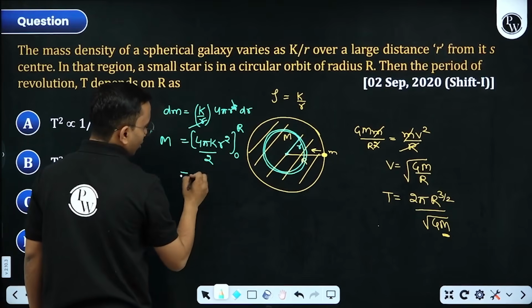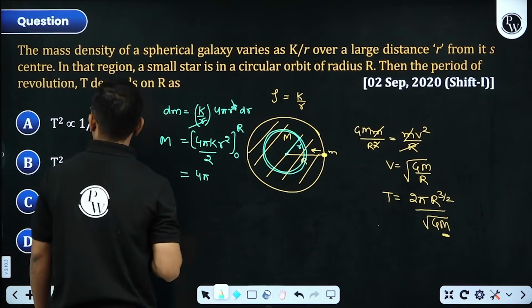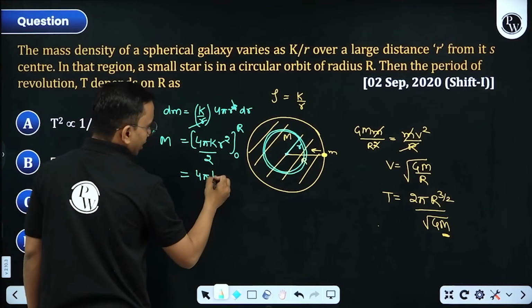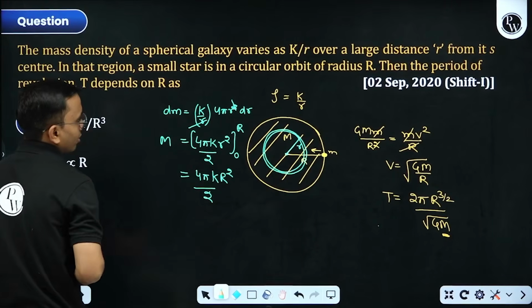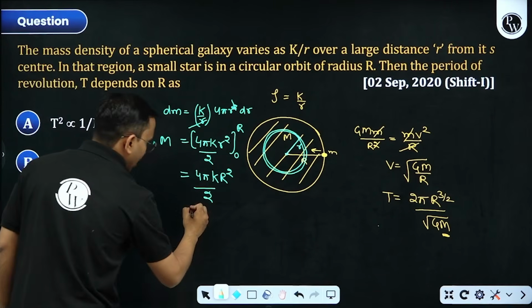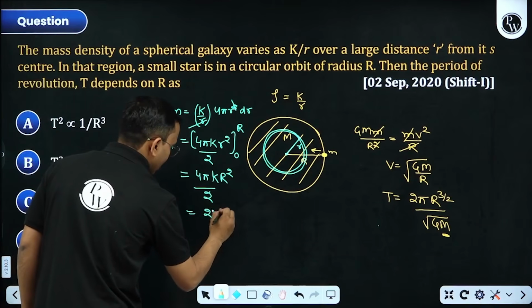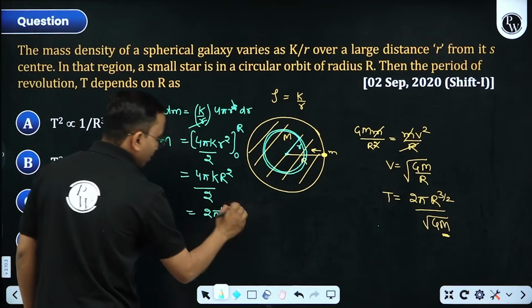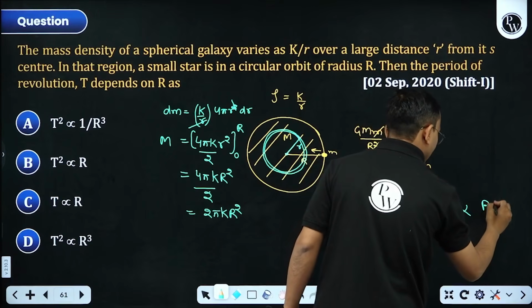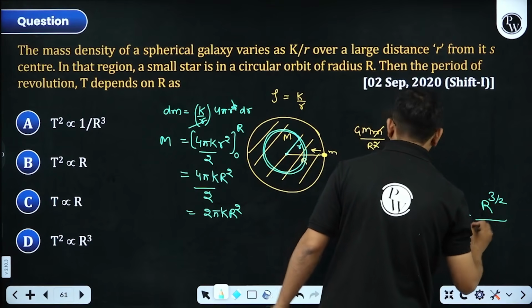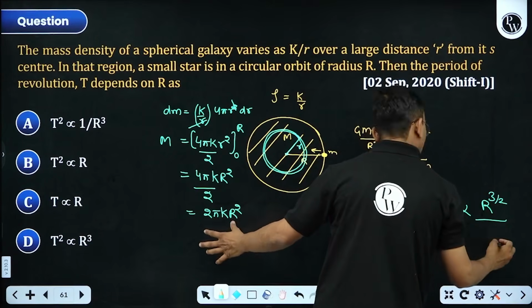So this becomes 4 pi into k into r square by 2. Anyways, I can say this as 2 pi k r square. Put it here. I need just the proportionality, r to the power 3 by 2 divided by root of M. If I do this, it will come out to be r.